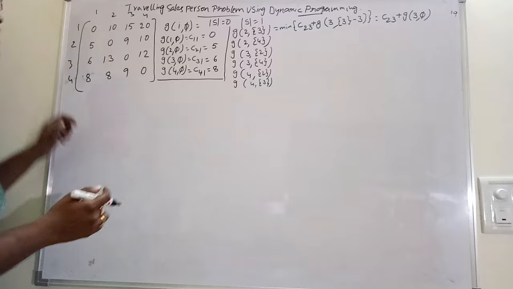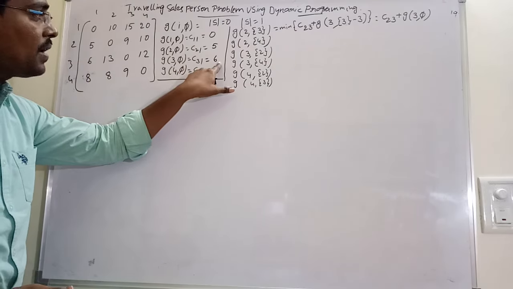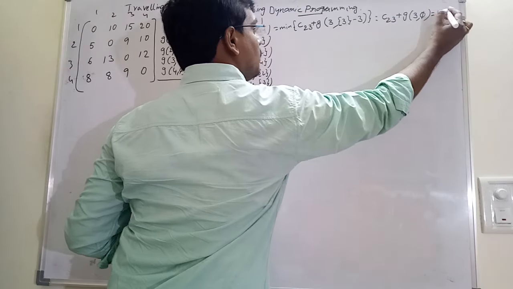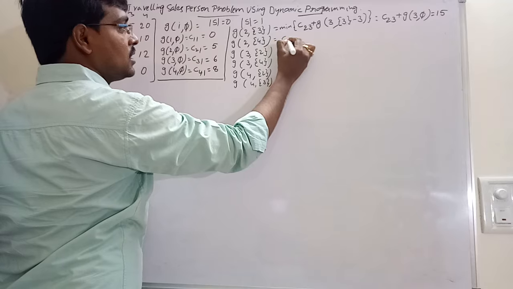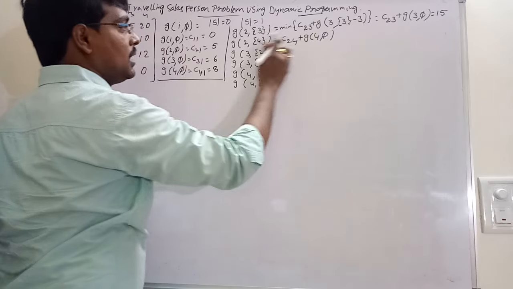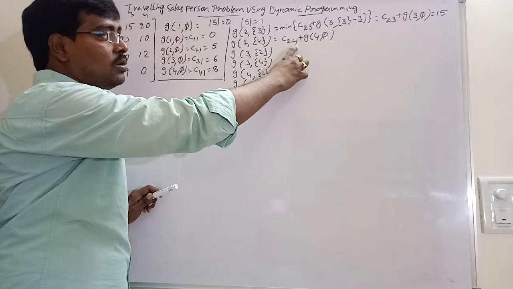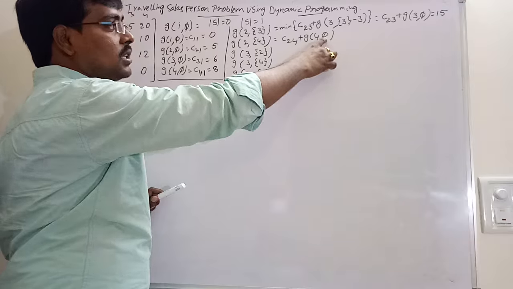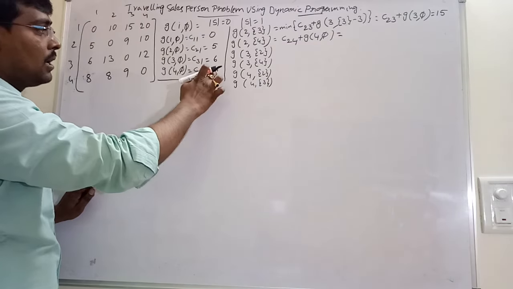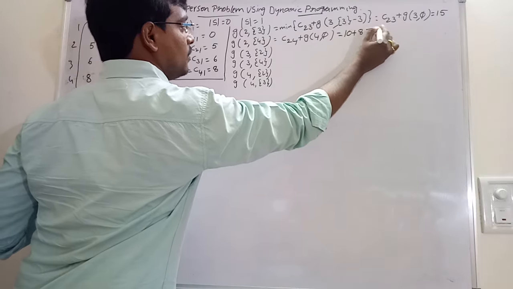So C23 value is 9 plus 6, that is 15. Similarly, C24 plus g(4, empty set). The set contains one element, so j and the set element are the same, 4 minus 4 gives the empty set. C24 value is 10 plus 8, that is 18.